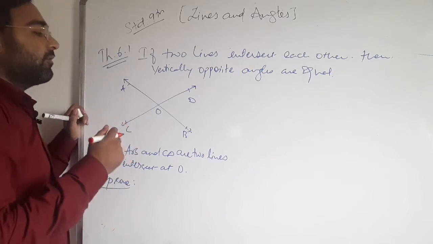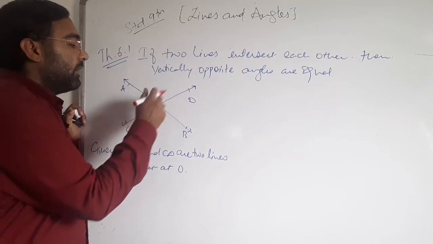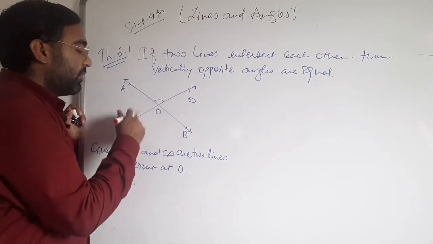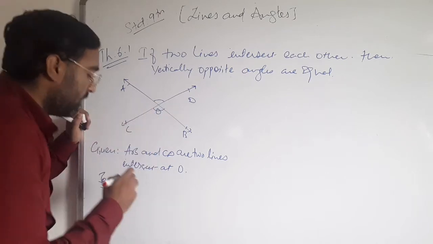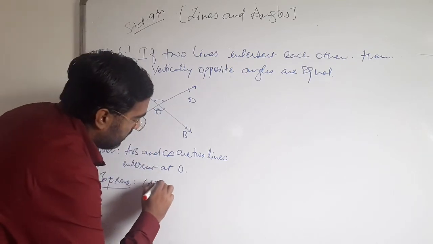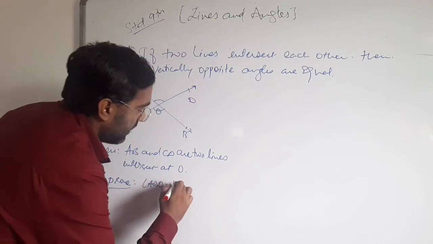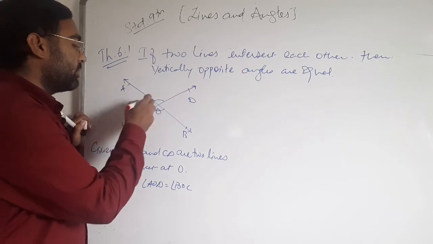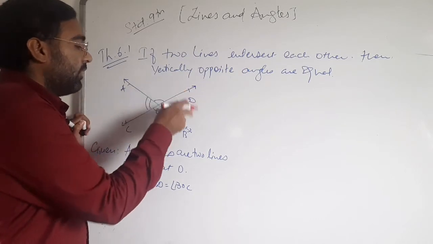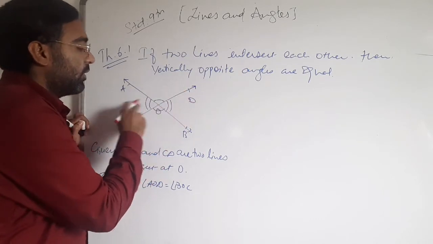Now we have to prove that vertically opposite angles are equal. That is, angle AOD is equal to angle BOC, which are vertically opposite angles, and second, angle AOC is equal to angle BOD, also vertically opposite angles.